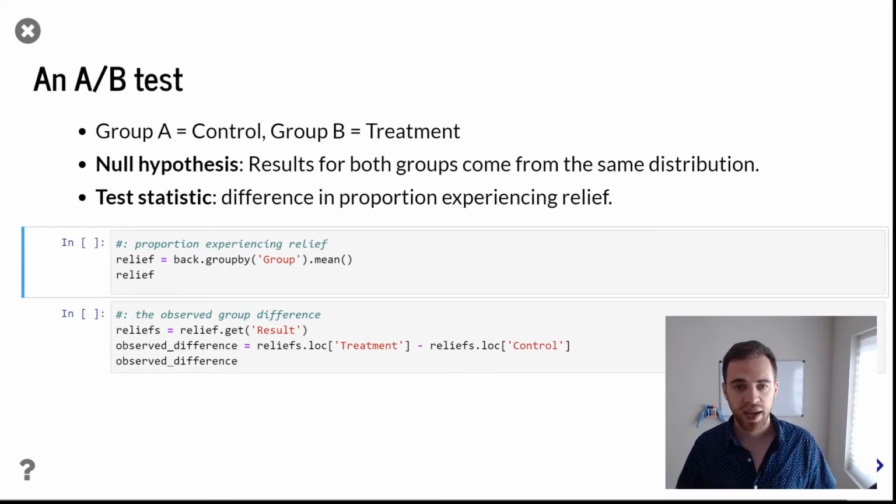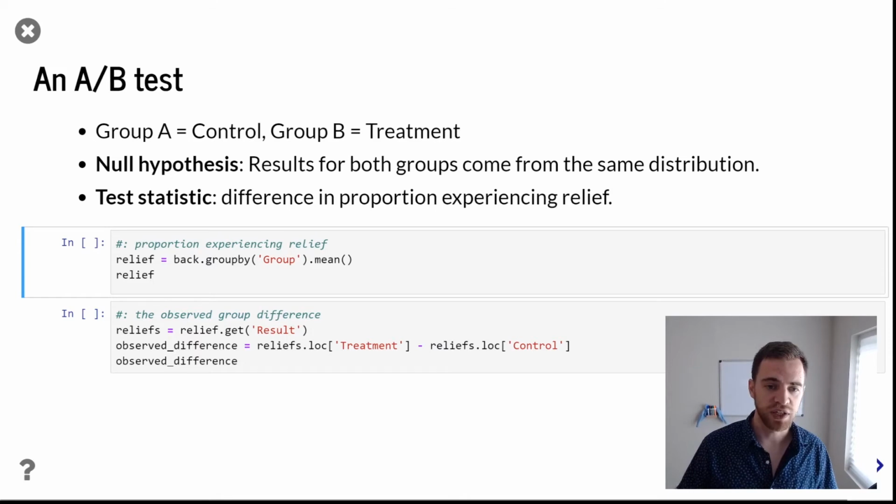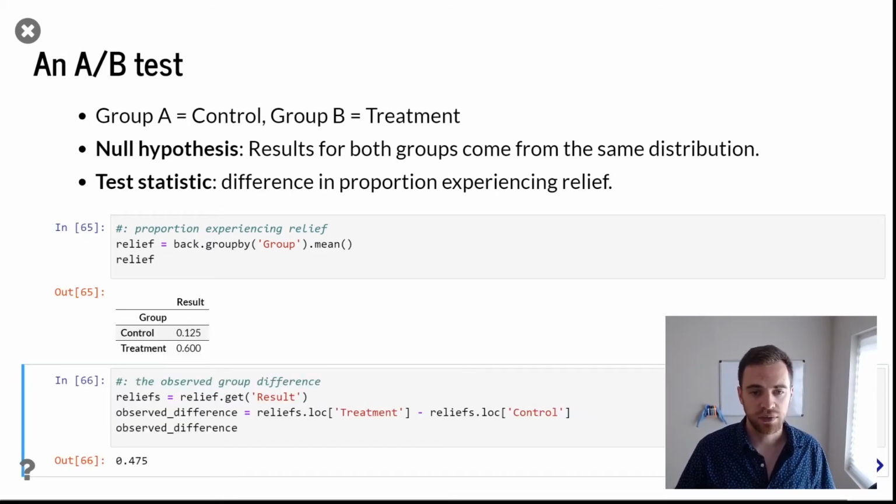So let's call group A our control group, group B the treatment group. Our null hypothesis is that the results come from the same distribution. The alternative is that no, group B experienced more relief. Our test statistic is the difference in proportion experiencing relief. So let's run this. Same pretty much as before. So our observed test statistic is 47.5%.